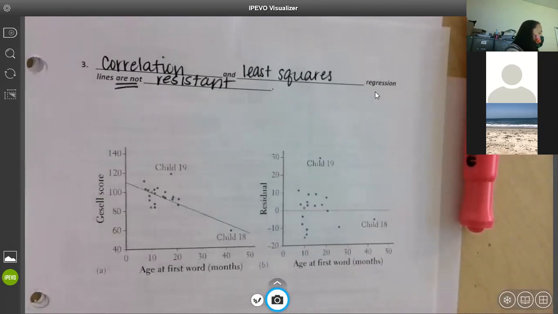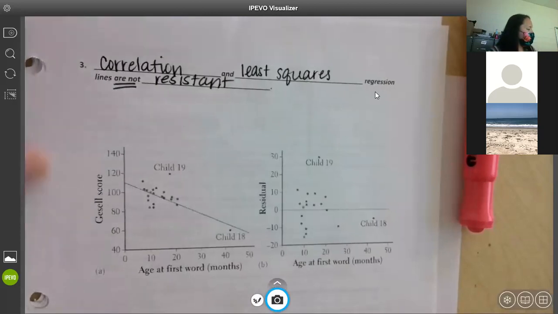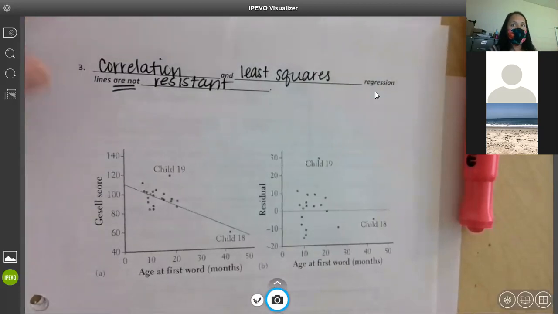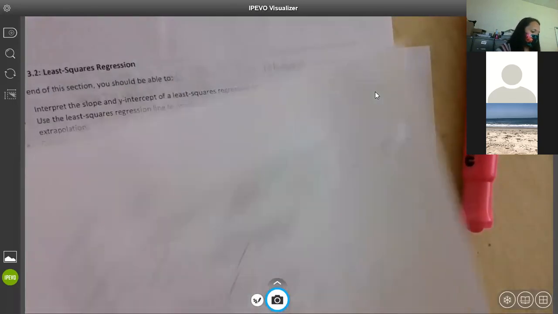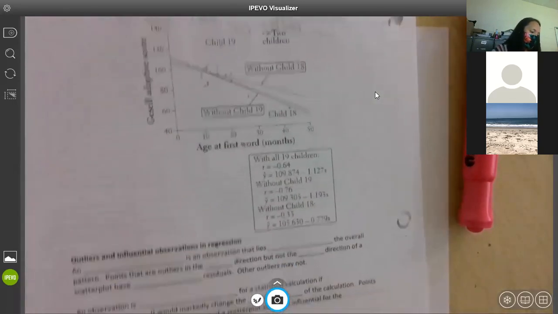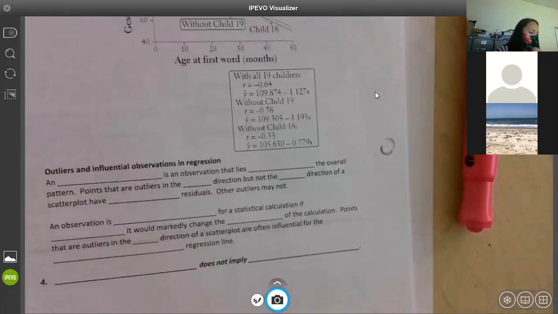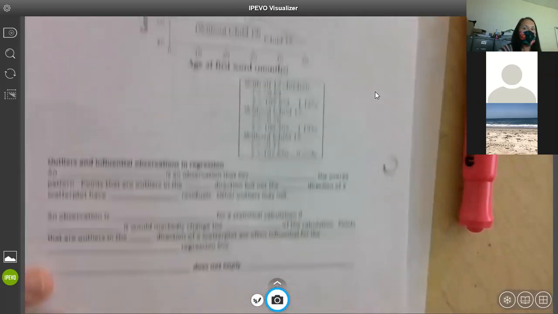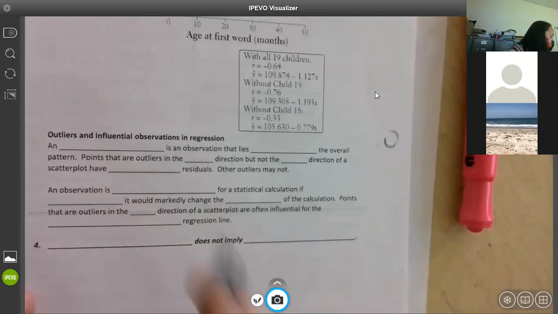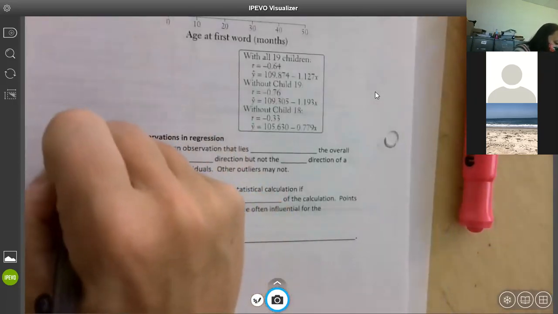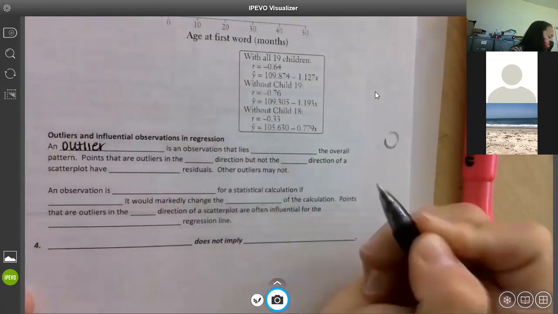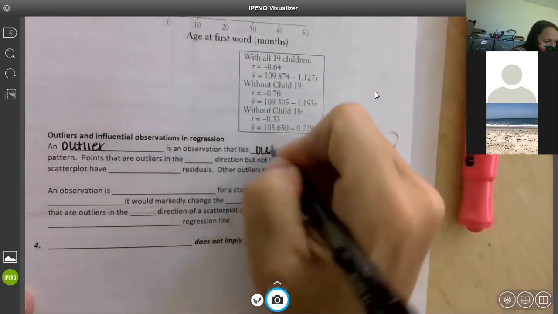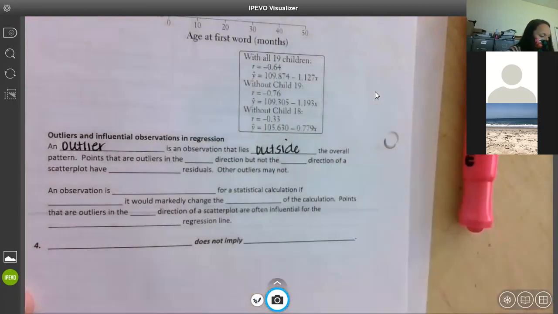All right, last page. So outliers and influential observations in regression. That's what all this chart is showing you with and without child 18 and 19. An outlier is an observation that lies outside of the overall pattern.